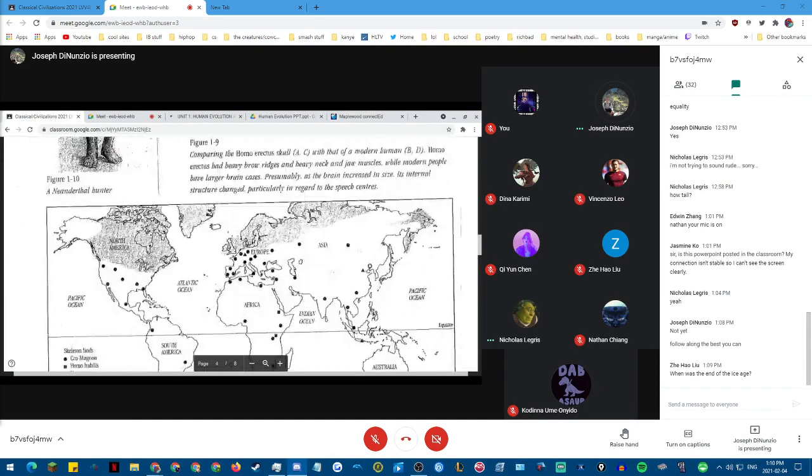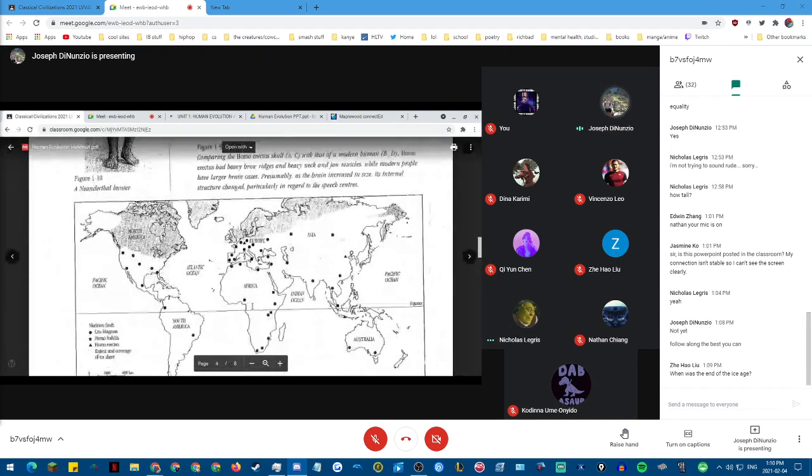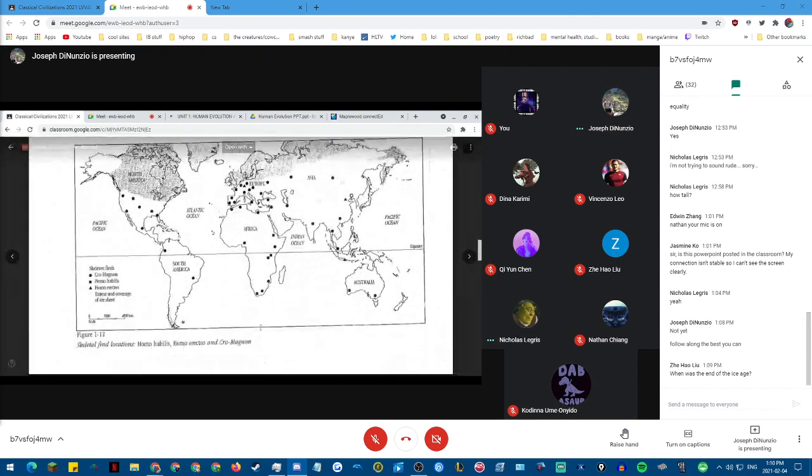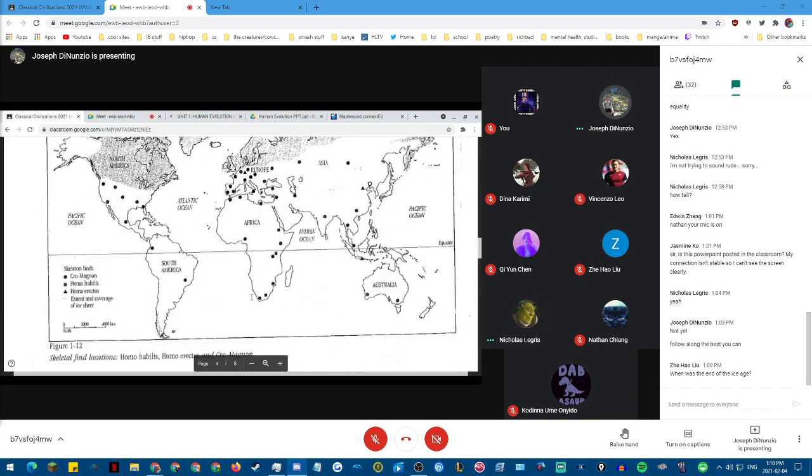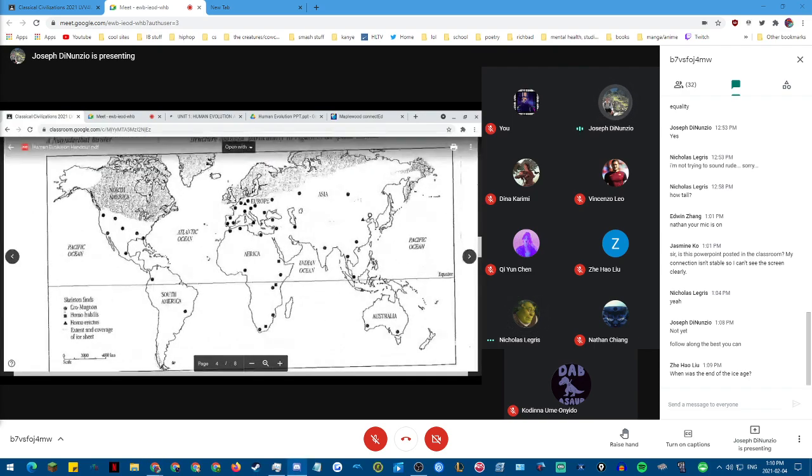And if you continue down here, you can see the circles are where Cro-Magnons have been found. The squares are where Homo habilis has been found, and the triangles are where Homo erectus has been found.